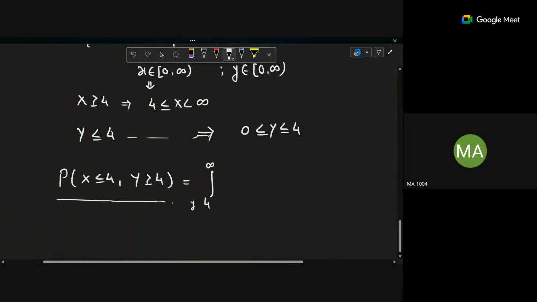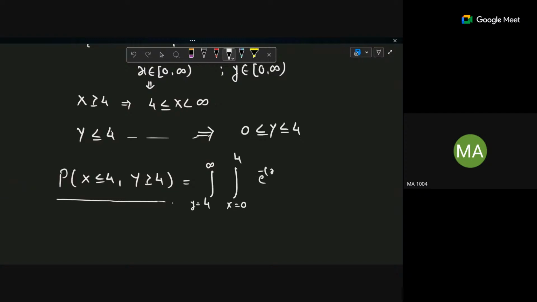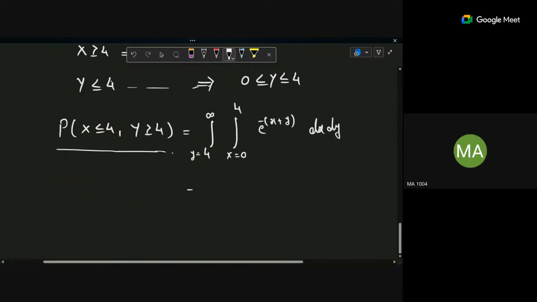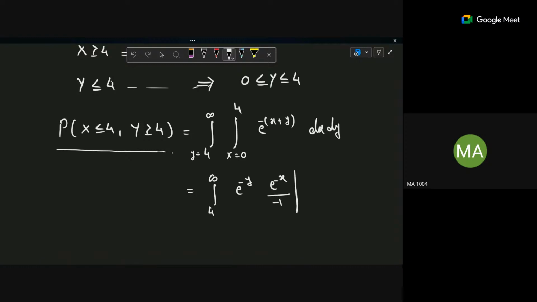And your x limits are 0 to 4, and f(x,y) is e to the power minus (x plus y) dx dy. So once you integrate it, it will give you the integral from 4 to infinity of e to the power minus y common, and e to the power minus x by minus 1 from 0 to 4, dy.